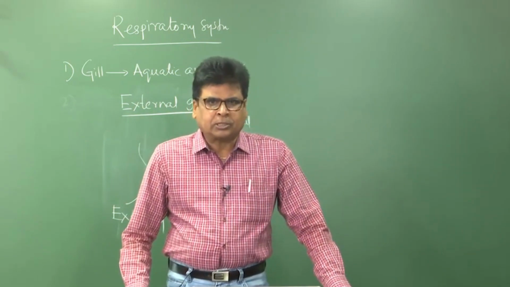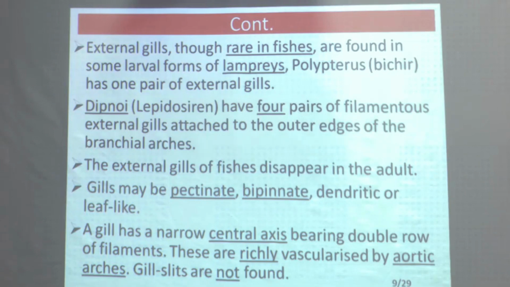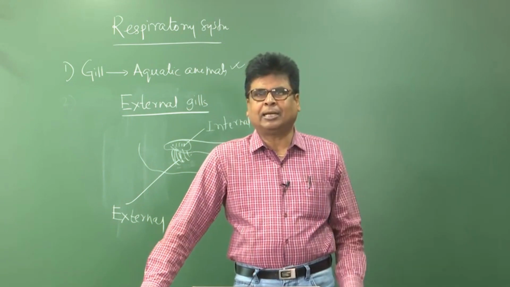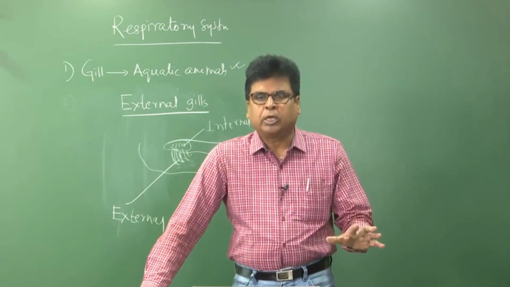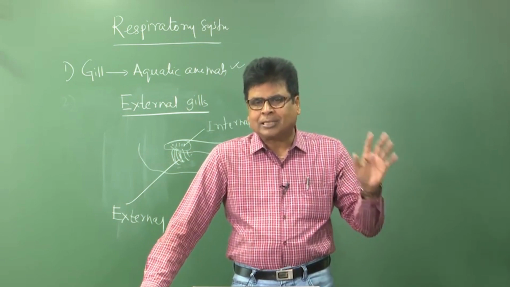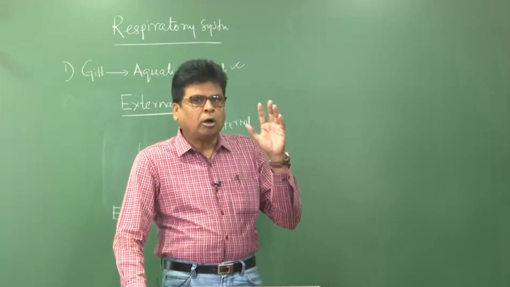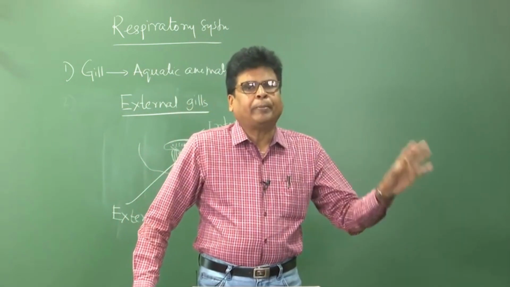The external gills are rare in fishes. What I have told you is that the amphibian larva possess external gills, but exceptionally some amphibians possess the external gill. Otherwise, this is a common feature of the larva of amphibia.